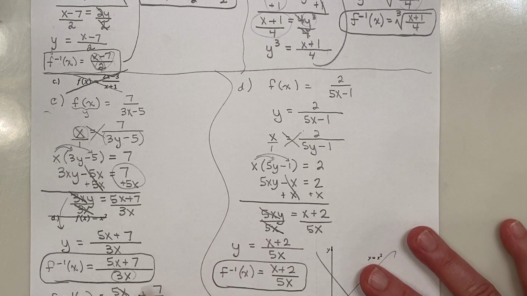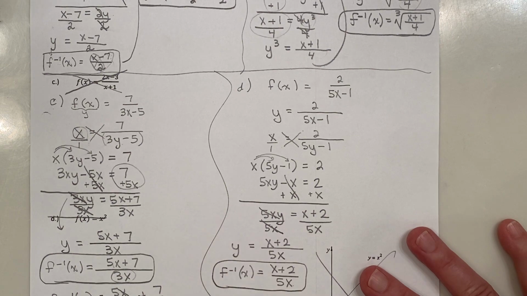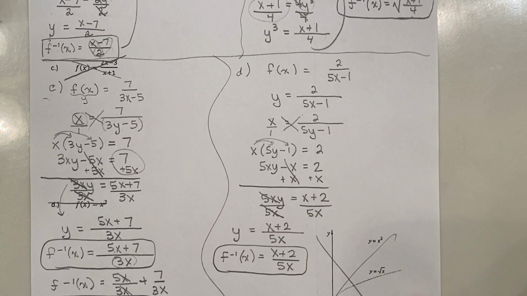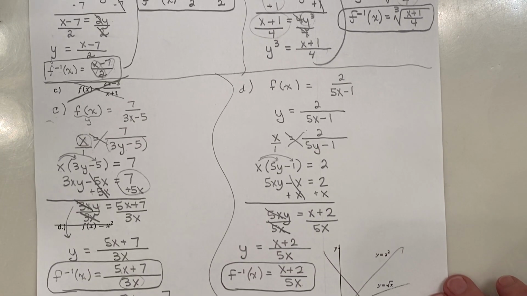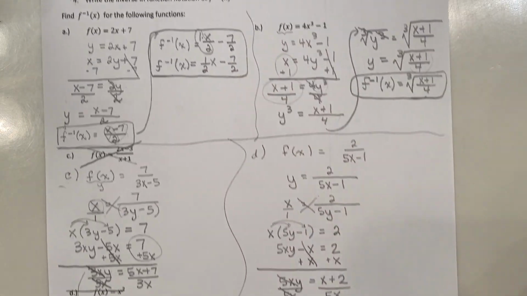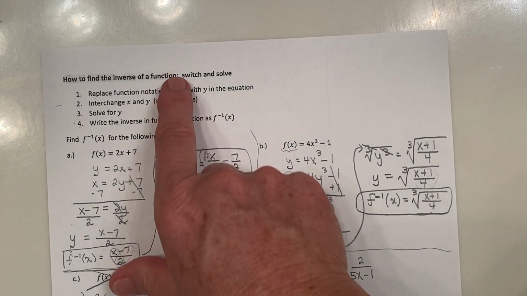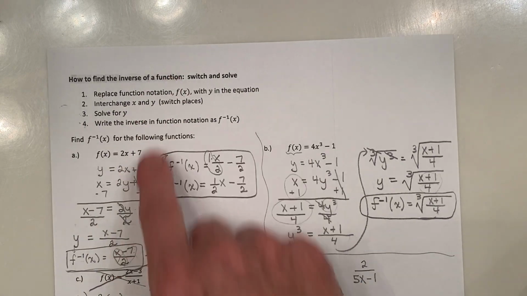And again, like we did over here, you could put x over 5x and 2 over 5x, and then you could simplify the x over 5x if you wanted to. But I'm pretty sure that this is going to be the accepted way. They're both right. It's just a different presentation. That's all. So what we just did was we found the inverse function given an equation by following these set of steps right here.